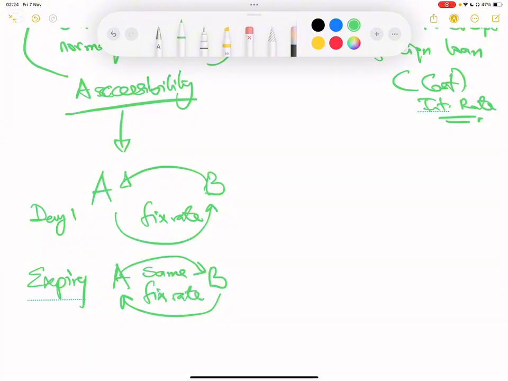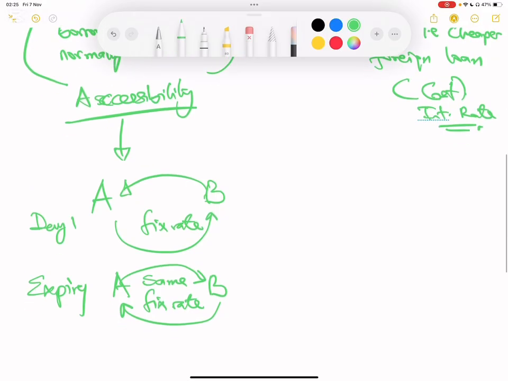That's what we're saying. But it's different for currency swap, because for currency swap, A will help B to take a loan in his own currency. So A will give B the loan amount. A will be paying the bank interest.